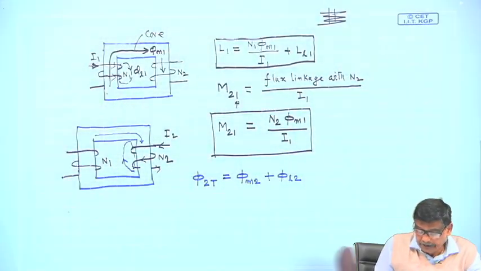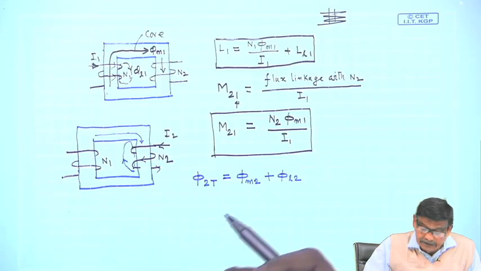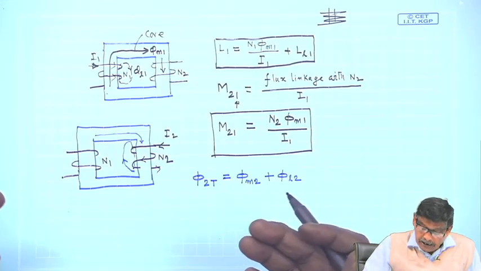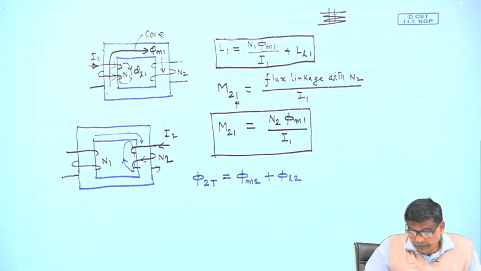The same explanation goes: this is the total flux created by coil 2, carrying a current I 2, and the total flux is nothing but the sum of mutual flux plus the leakage flux.